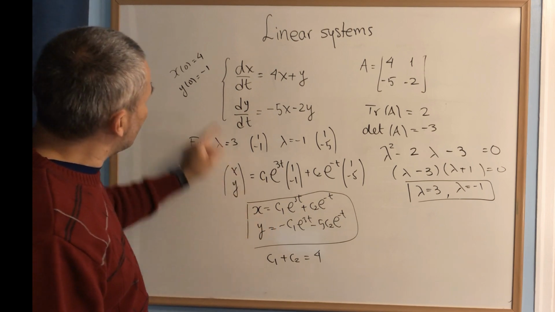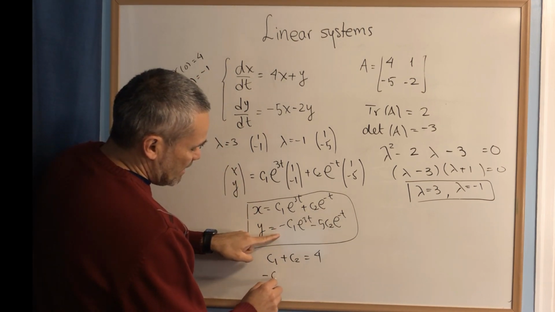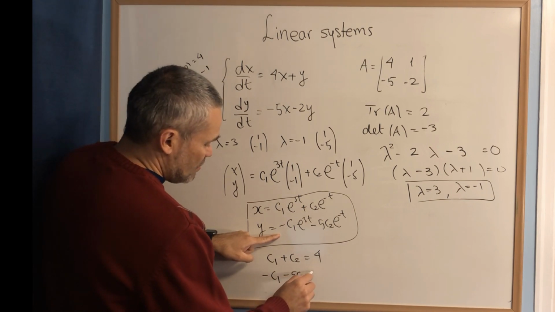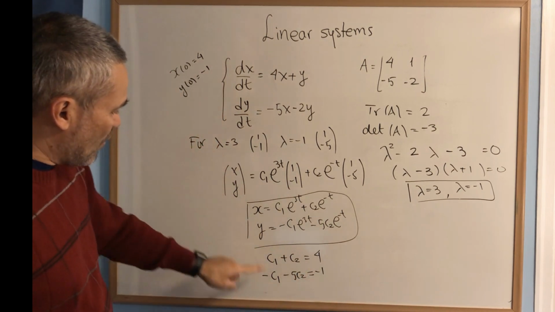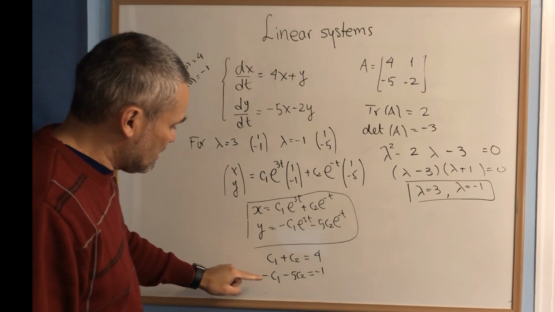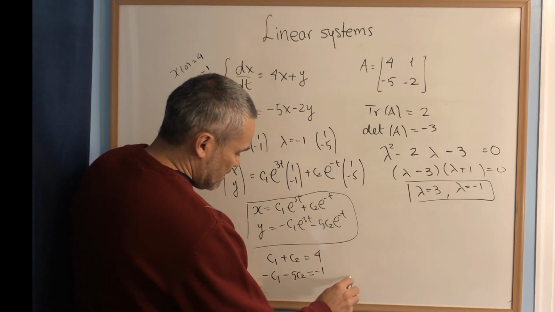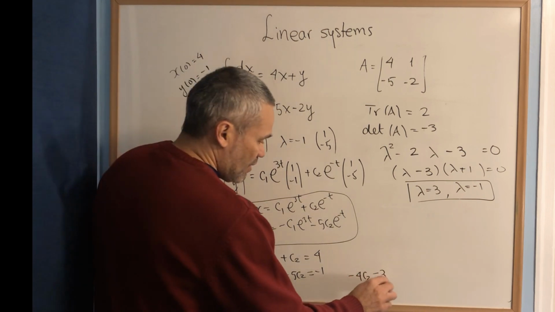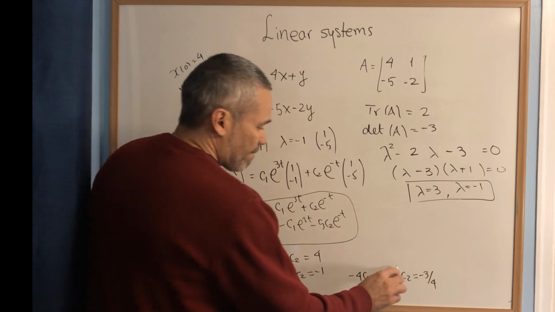And when we want y of 0 to be -1, we get -c1 minus 5c2 equal to -1. Right? This is what we want. And how do we solve this system? We can add the two equations. If we add the two equations, we get -4c2 equal 3.